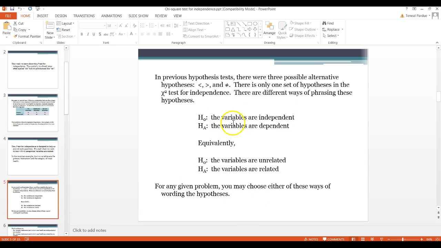The null hypothesis is always that the variables are independent, which is another way of saying they are not related, versus the alternative hypothesis that they are dependent or related. Basically we want to assume that there is no relationship between the two variables unless we can show the alternative hypothesis that there is a relationship.